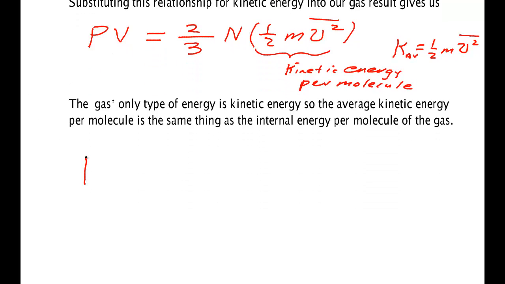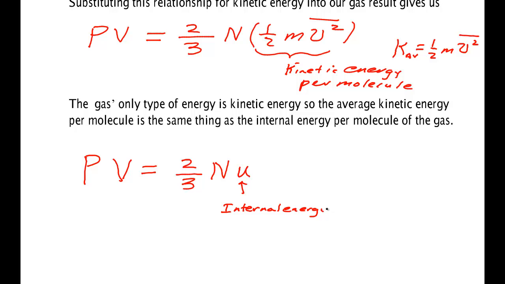So PV, which doesn't look very special or anything related to energy, is in fact 2/3 times the number of particles times u, the internal energy per molecule of the gas.